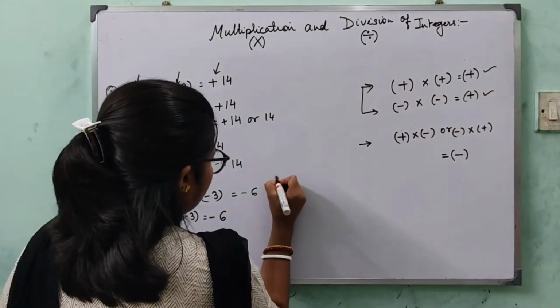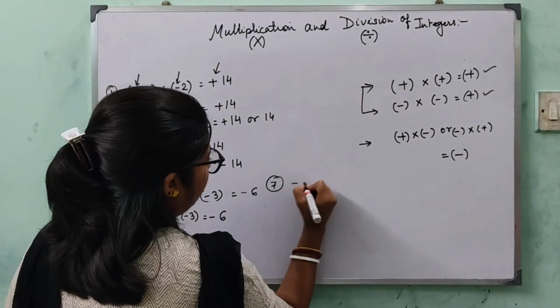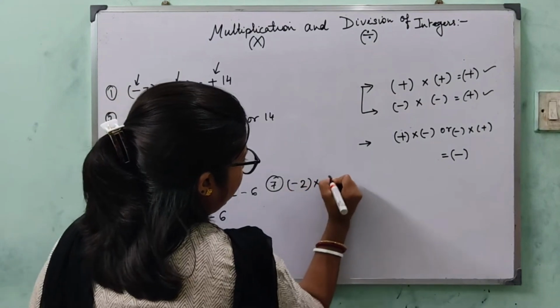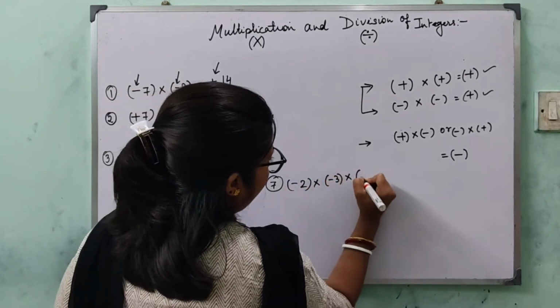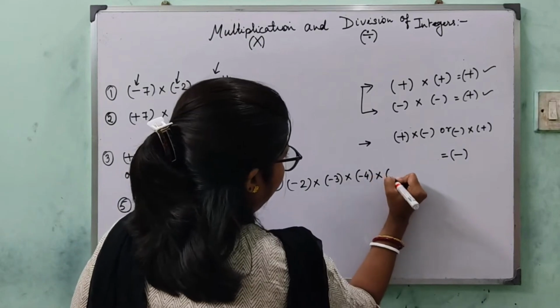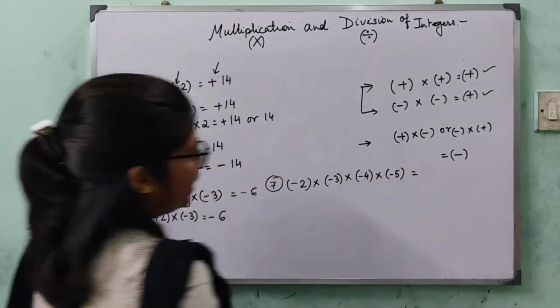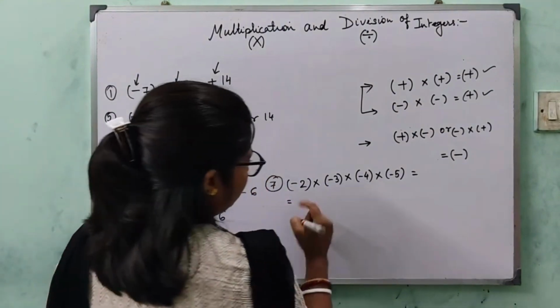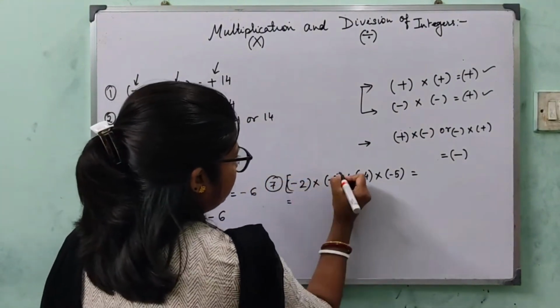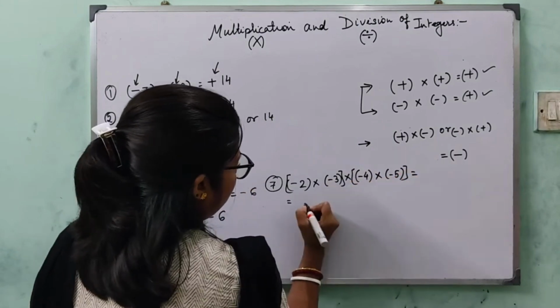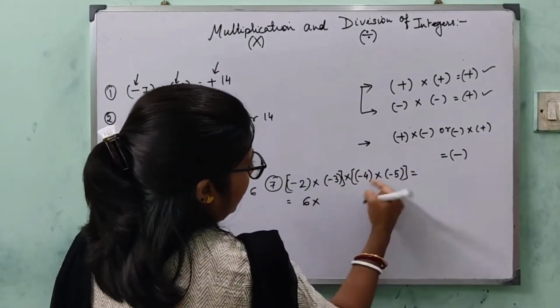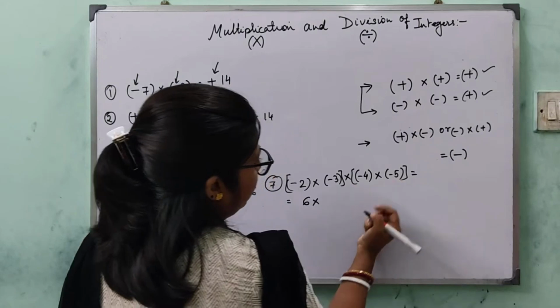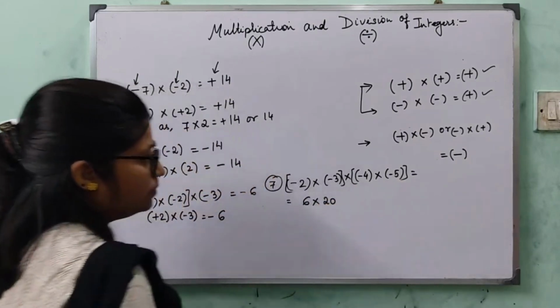Another example: minus 2 into minus 3 into minus 4 into minus 5. Minus 2 into minus 3 is equal to 6, and minus 4 into minus 5 is 20.